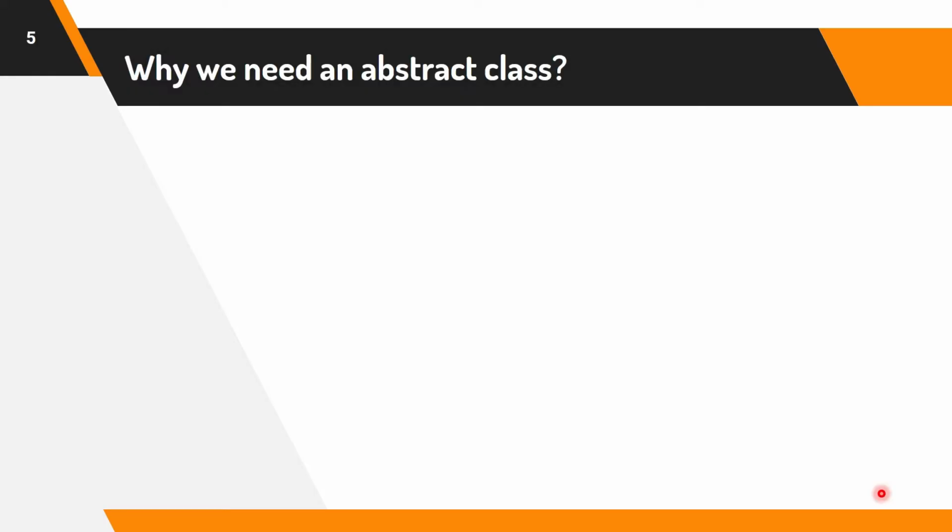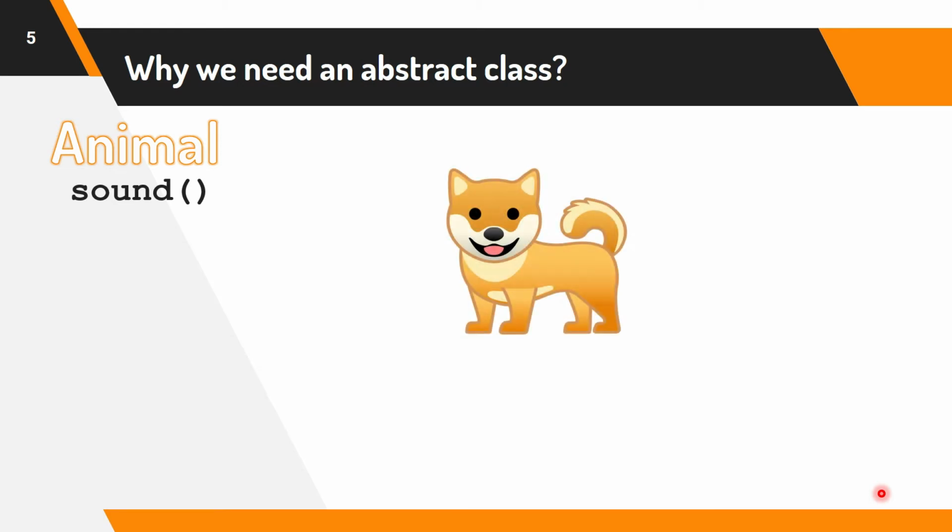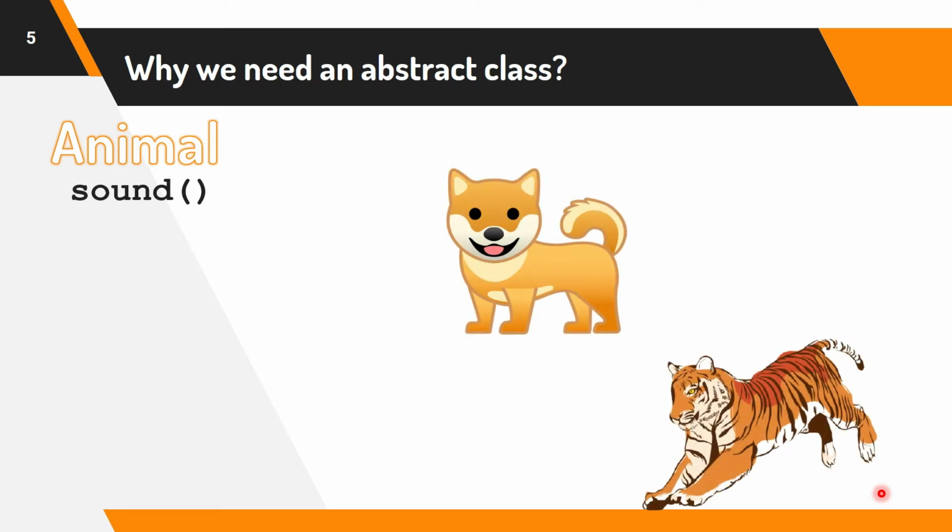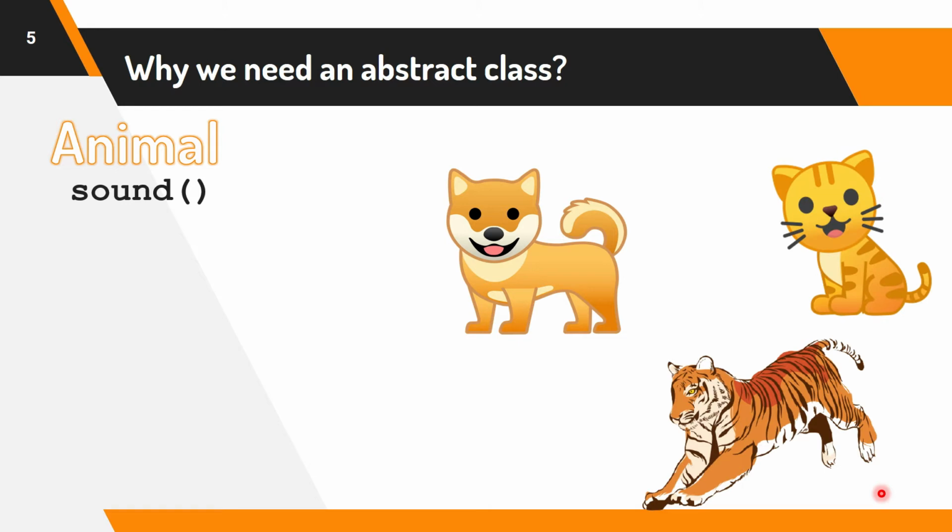Why do we need an abstract class? Let's say we have a class Animal. So this is the abstract class, which has a method sound, and its subclasses like Dog, Tiger, Cat, and Cow.